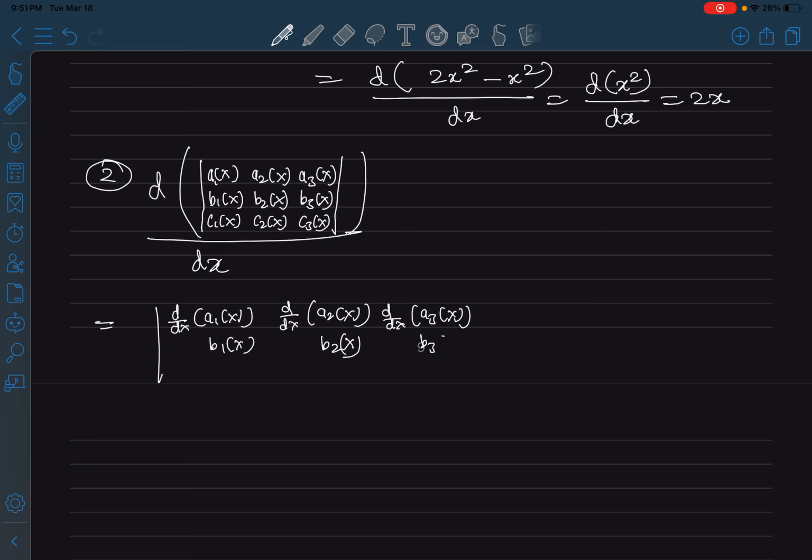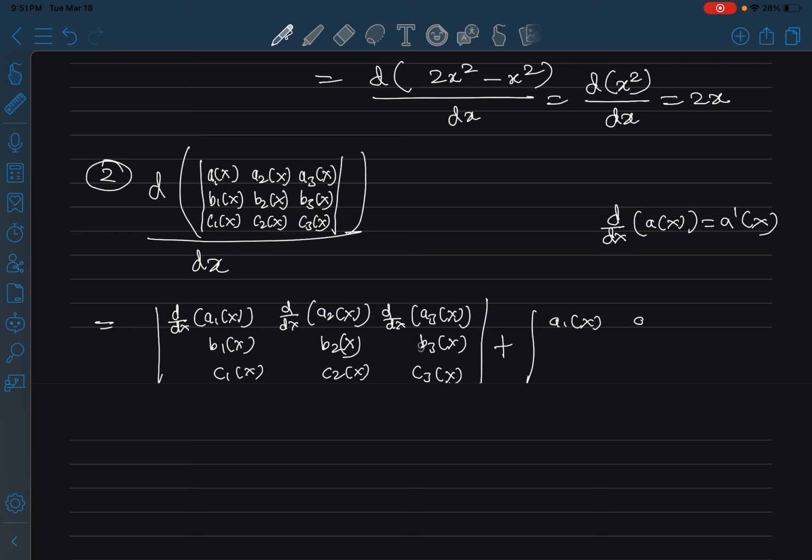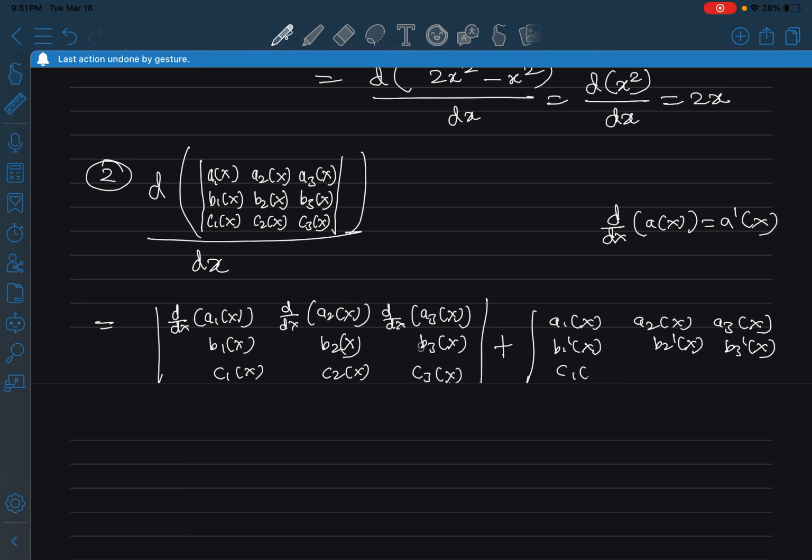And then you add another determinant with it. For simplification, instead of d/dx of a of x, I will just write a prime of x. Now you add another determinant, with the second row now differentiated: b1 prime of x, b2 prime of x, b3 prime of x, and the other rows as they are.